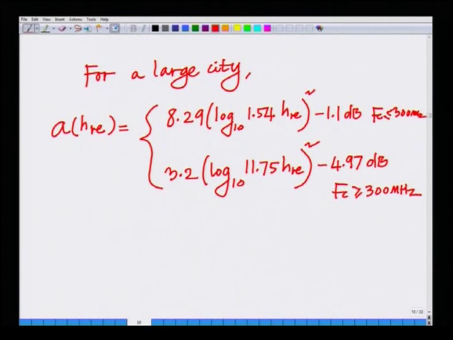It is equal to 3.2 log 10 of 11.75 HRE whole square minus 4.97 dB if Fc is greater than or equal to 300 megahertz. Okay. So, this is in essence the Hata model, which can be employed to characterize the path loss in an urban environment.